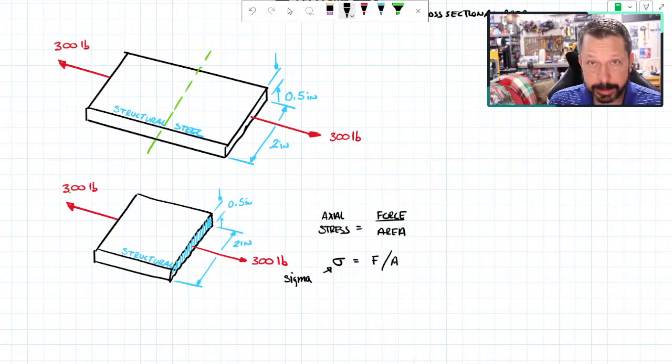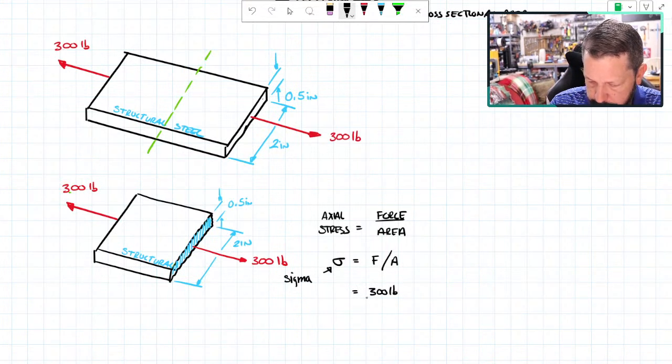So now plugging in our actual numbers, F, the internal force, 300 pounds. Area, the little blue cross-sectional area, 2 inches times 1/2 inch.